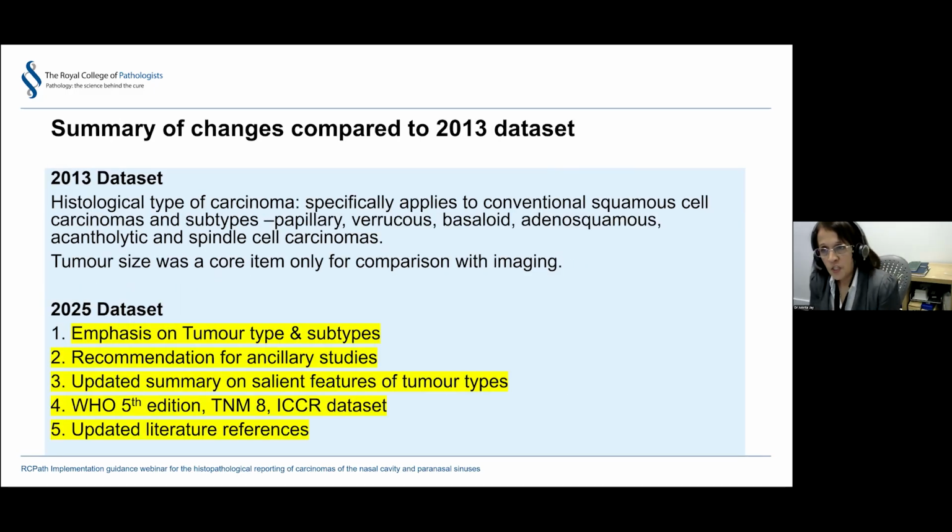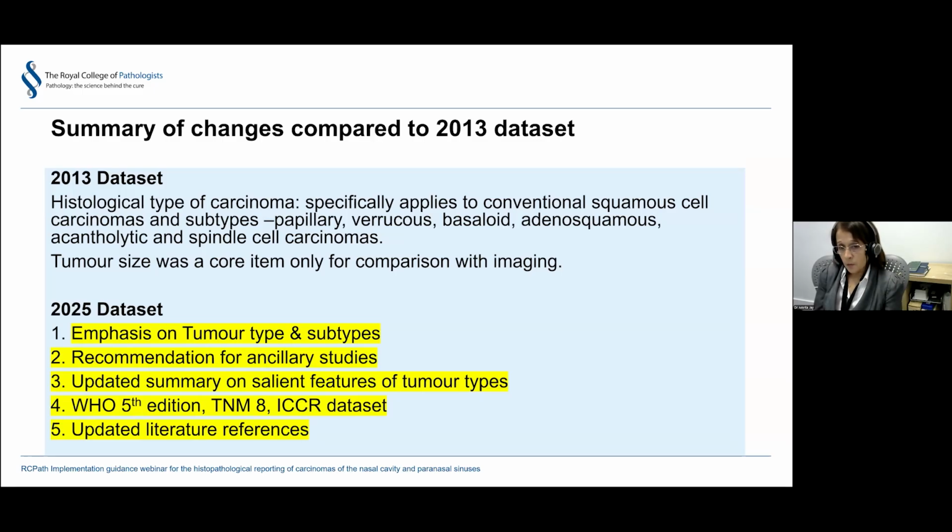So the summary of changes compared to the 2013 data set, and again, like I said, it's mainly the tumor subtype. The histological type of carcinoma in the 2013 data set basically applies to the conventional squamous cell carcinoma and its subtypes, being based on morphology: the papillary, verrucous, basaloid, adenosquamous, acantholytic, and spindle cell.